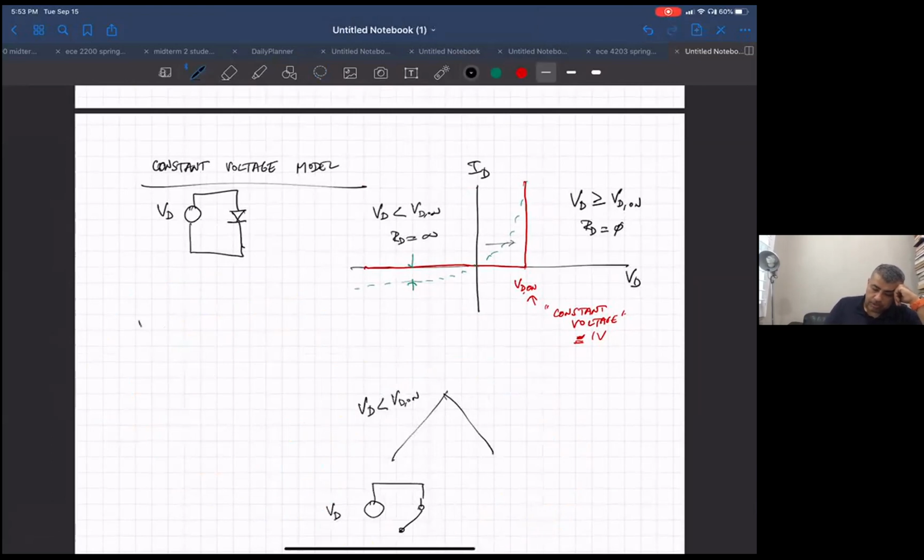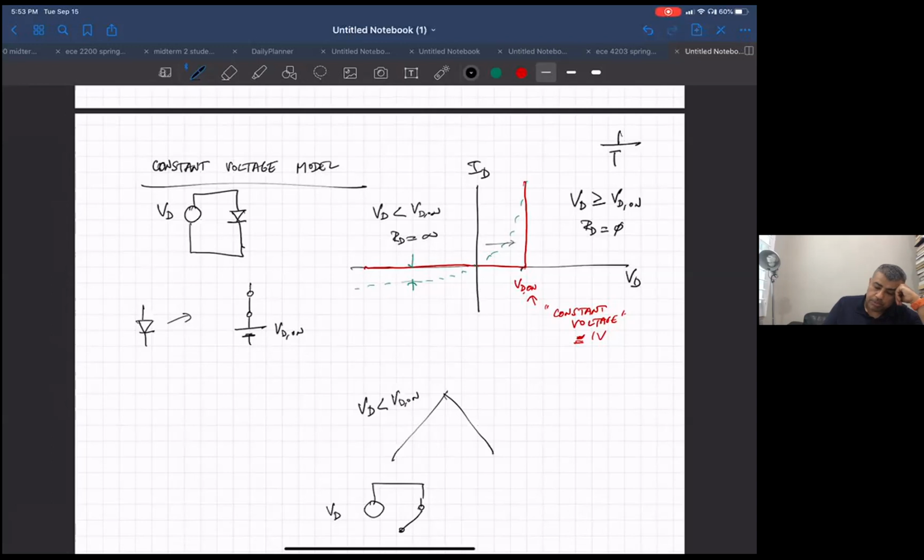So the diode looks like two things. It still looks like a switch that's closed, say, but we're putting a voltage of VD on in series with it to get this effect. So this is a symbol for a battery, drawn very badly, just kind of looks like that.